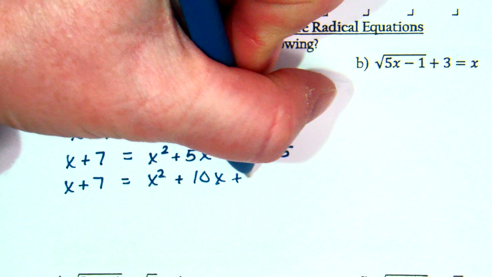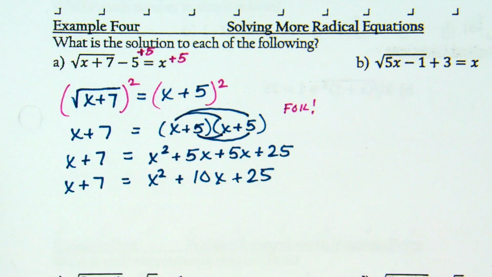Okay. So now we have to think about how do we go about solving here? I guess what we need to talk about is what is our goal here? I have x plus 7 on the left. I have x squared plus 10x plus 25. If it's just x's and numbers, we would get x's on the left, numbers on the right, yes?